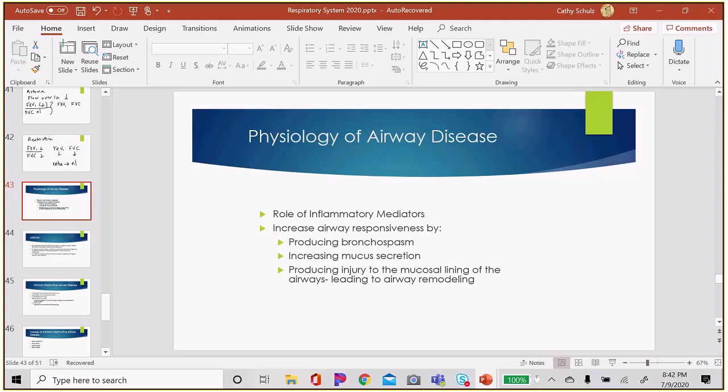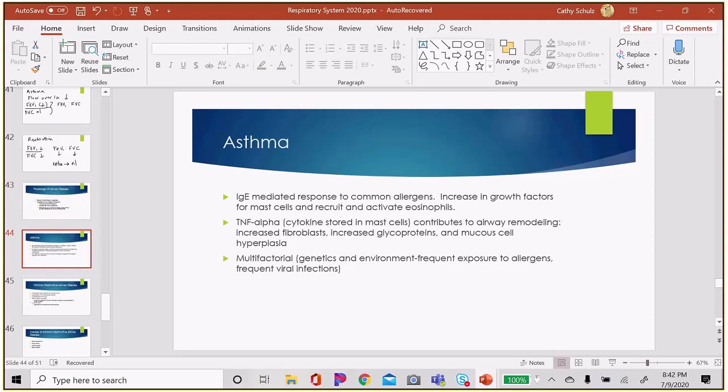In the pathophysiology of airway disease, there is something that increases airway responsiveness that leads to bronchospasm, which is cough, increased mucus secretion, and a change in the airway itself leading to remodeling. For asthma, a large portion is allergy or trigger related. It's an IgE mediated response.